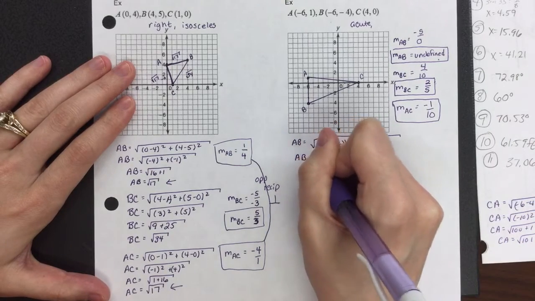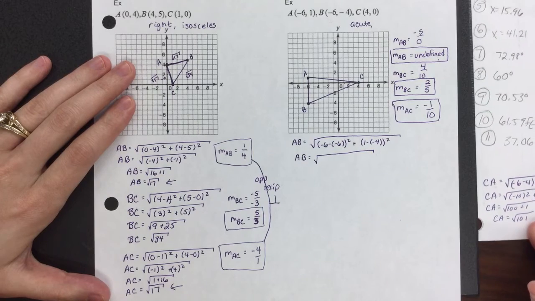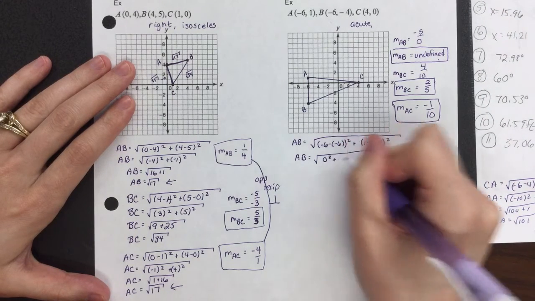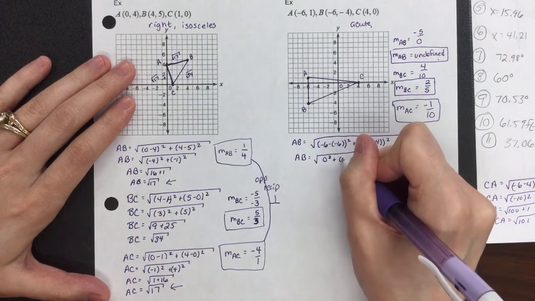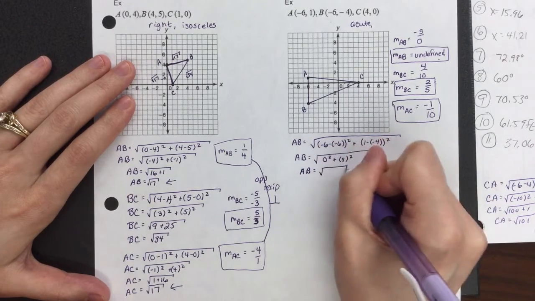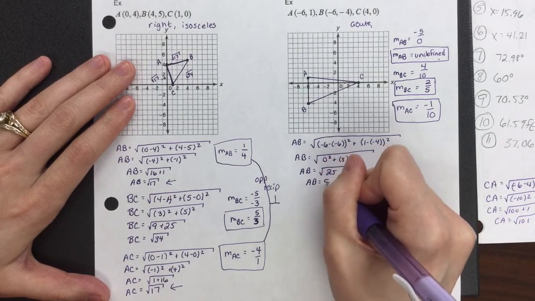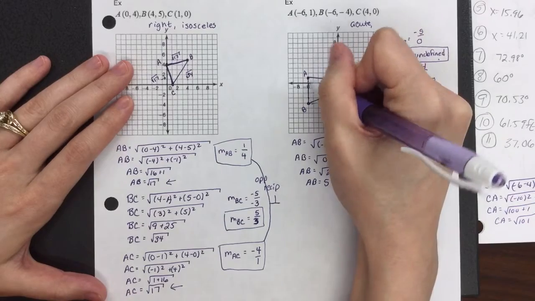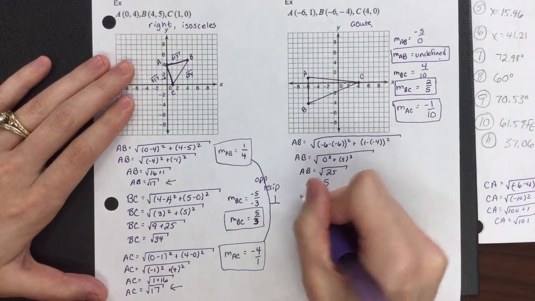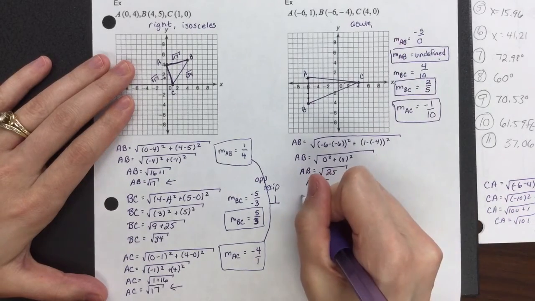So AB is going to be equal to the square root of 6 minus -6 is 0 squared plus 1 minus -4, 5 squared. So AB is going to be equal to the square root of 25. So AB is going to be equal to 5. And yes, since it's a vertical line, we could have also just counted that it's 5. 1, 2, 3, 4, 5.